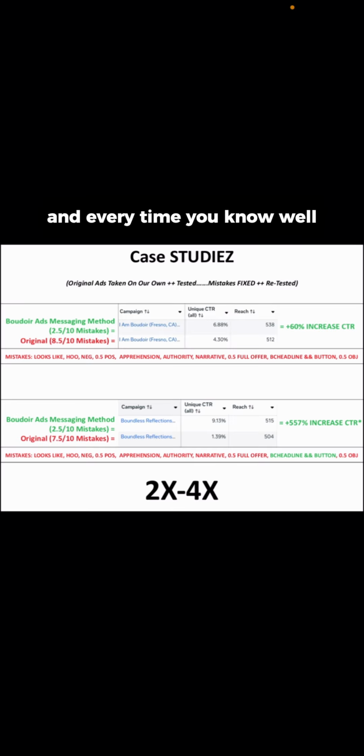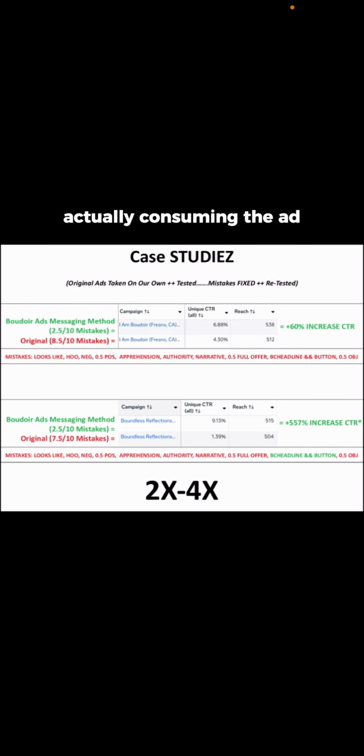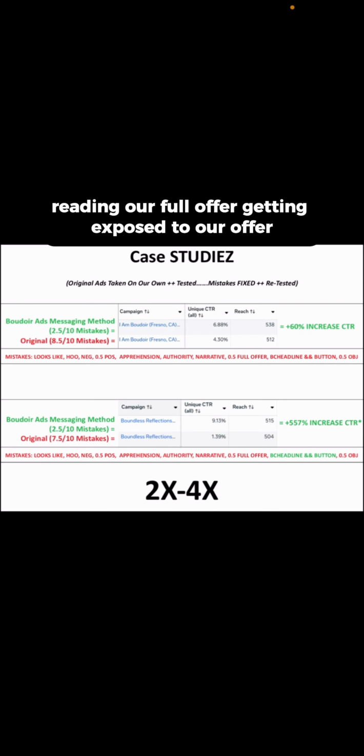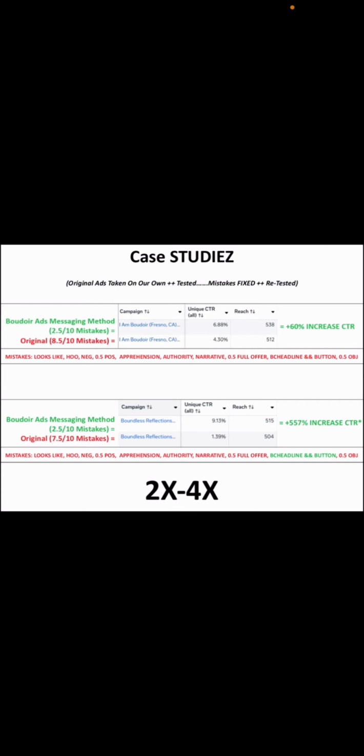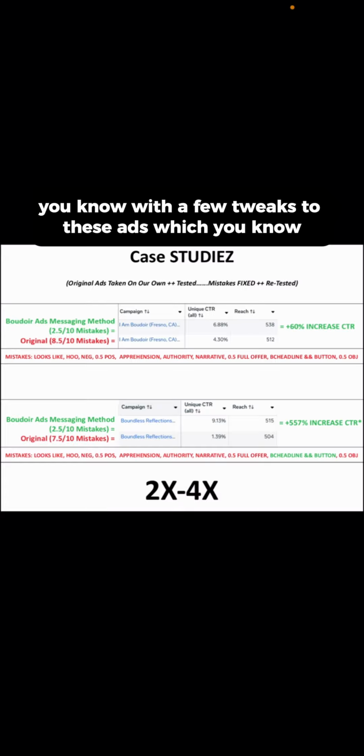And every time, I average basically 2 to 4x the number of women actually consuming the ad, reading our full offer, getting exposed to our offer, and these women are more specific, which generally means higher converting.